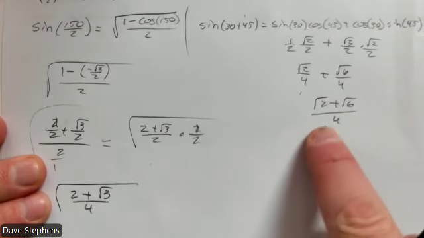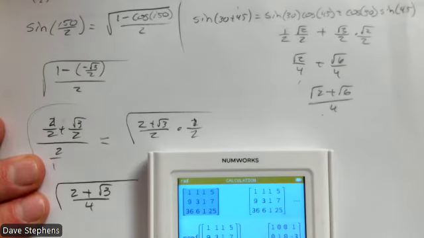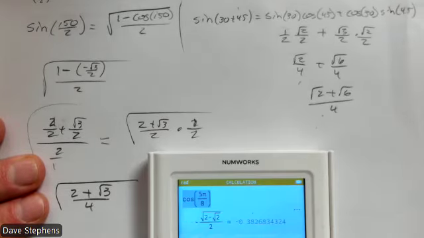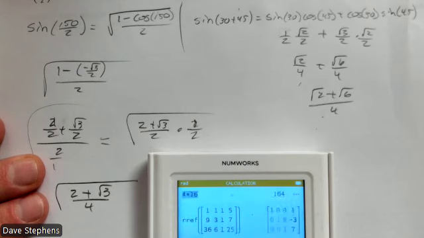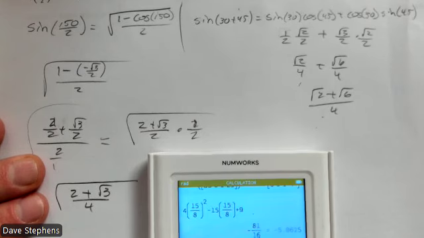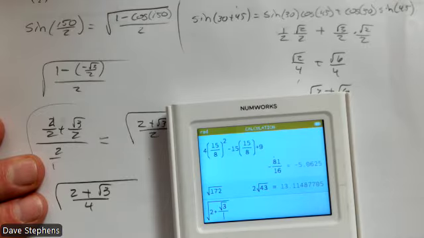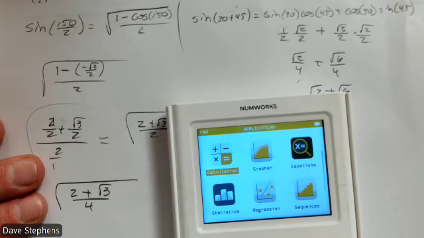Are these equivalent statements? I kind of wonder. Let's see. Square root of 2 plus root 3 all divided by 4. Mm.